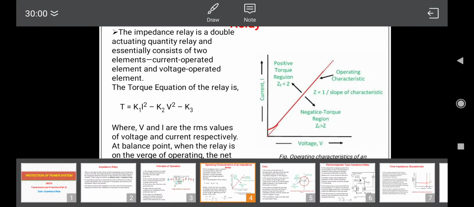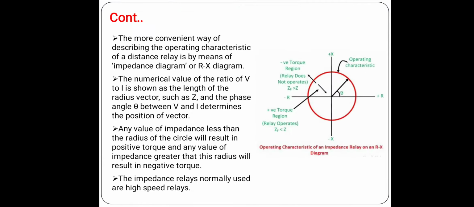Now the characteristics of the impedance relay are more conveniently described using the RX diagram. Here, this vector radius represents the value of Z, the impedance of the protected zone AB.